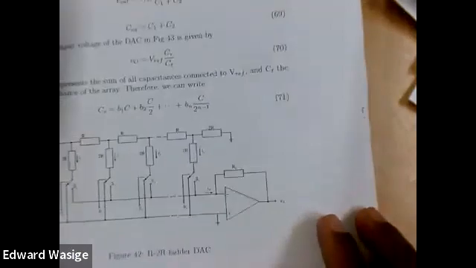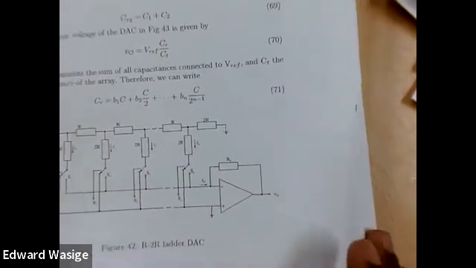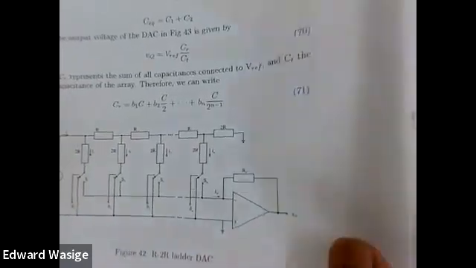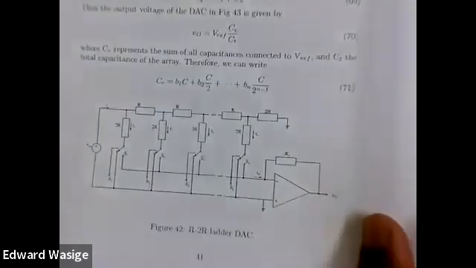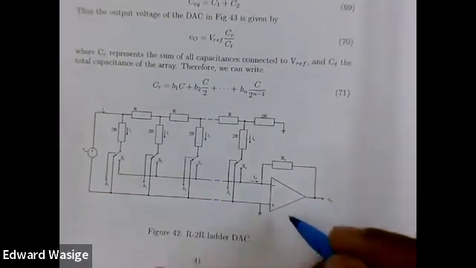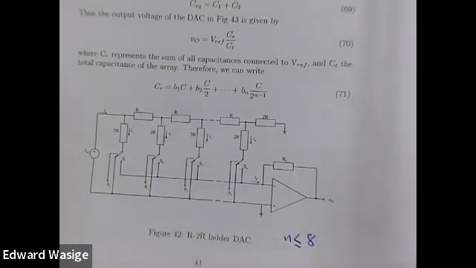You probably recognize this. It's an R-2R ladder DAC, and for this one, N is also equal to or less than 8.